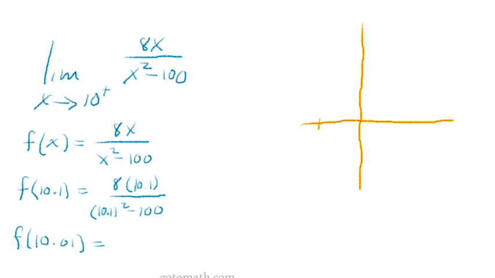So we know that negative 10 and positive 10 are going to be the two vertical asymptotes of the graph. However, we really are just focused on this particular one here.